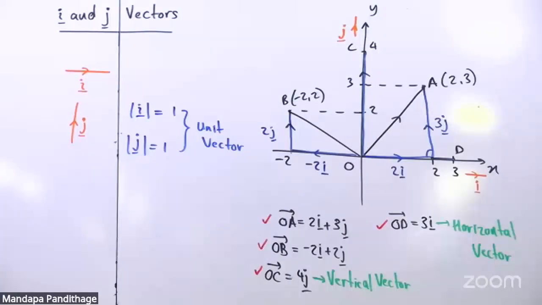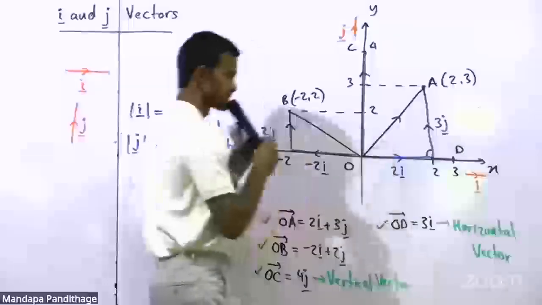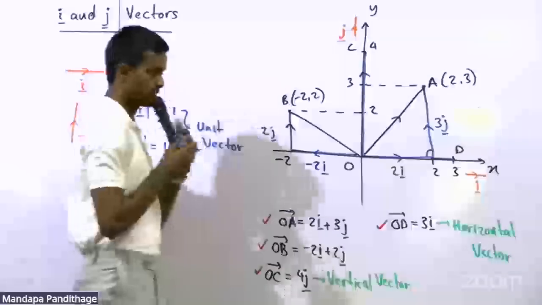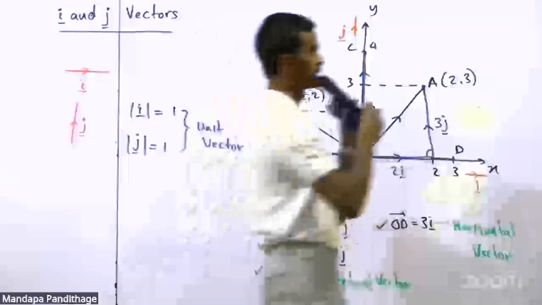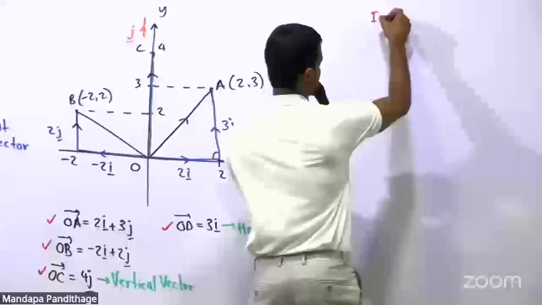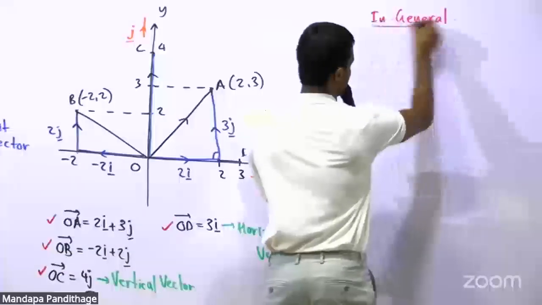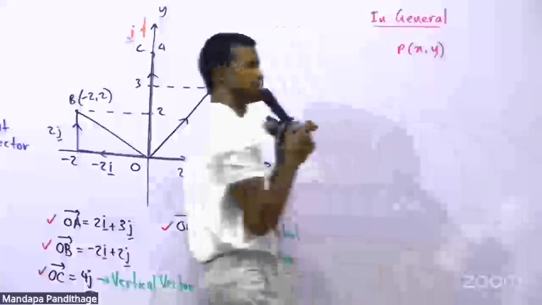But before coming to question number 19, look at the board. Here we have taken this in this way. So in general, I'm taking a point on the Cartesian plane to be (x, y).